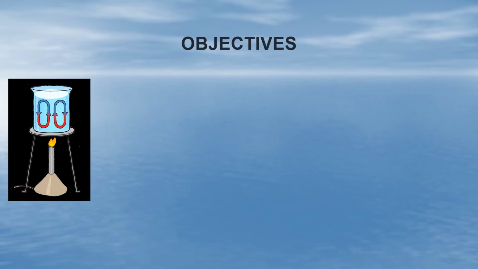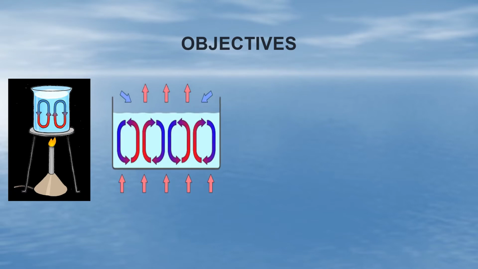Like that, there is a cyclic movement of particles. This continues till the entire water becomes hot. This cyclic movement is called the convection current. Is it clear, children?